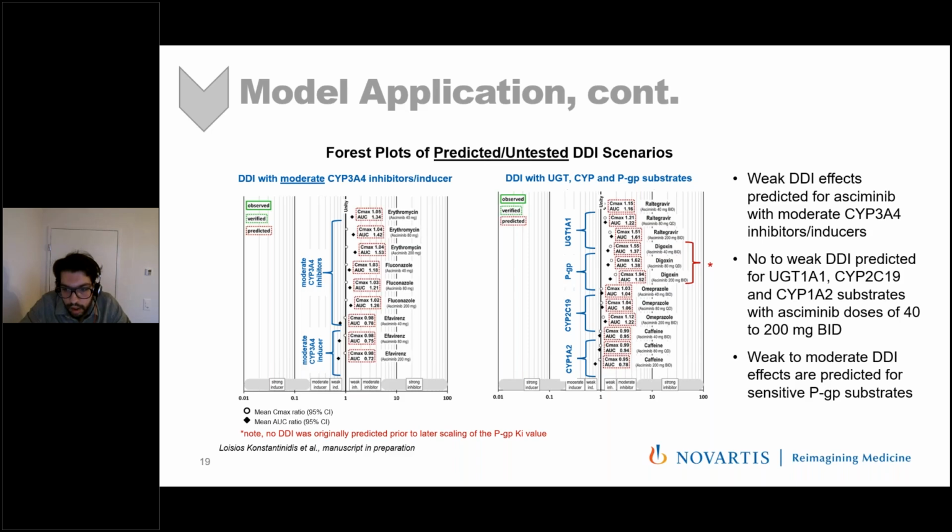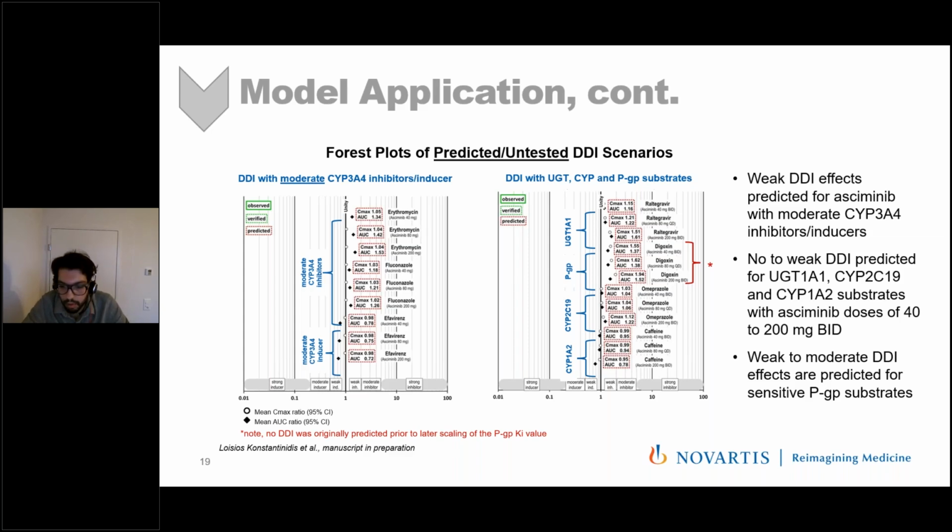And also there were PBPK predictions with other CYPs, UGTs, as well as PGP substrates. For example, there was no DDI predicted for UGT1E1 substrates, here with raltegravir, CYP2C19 with omeprazole, and CYP1A2 with caffeine from 40 to 200 milligram.